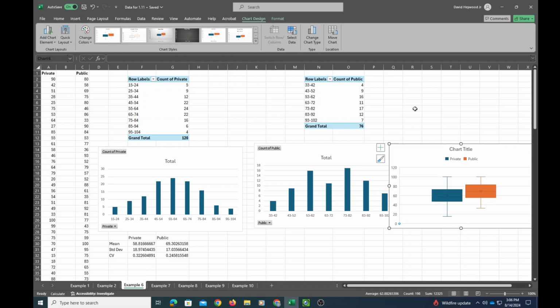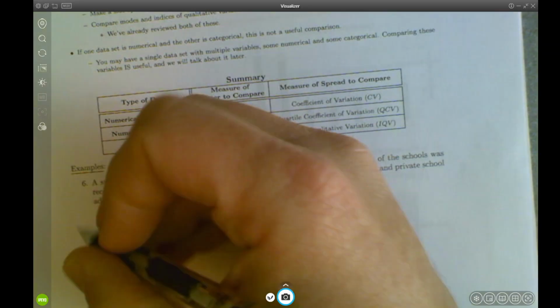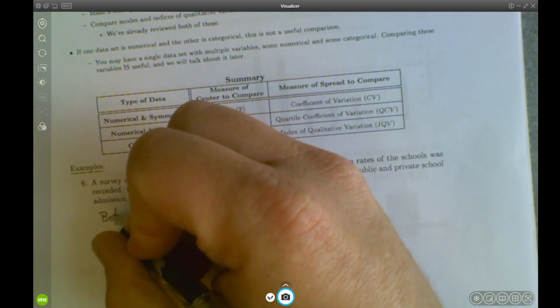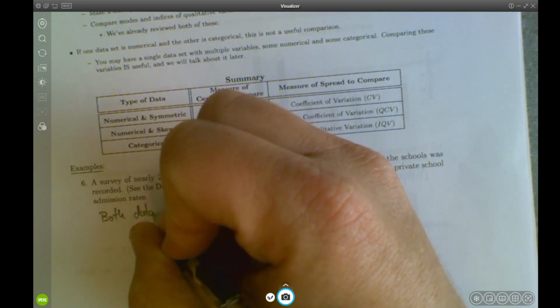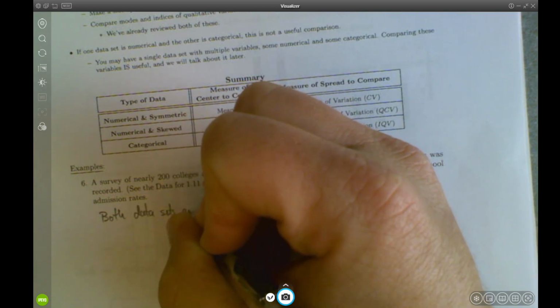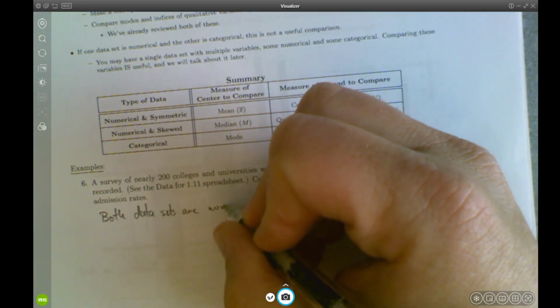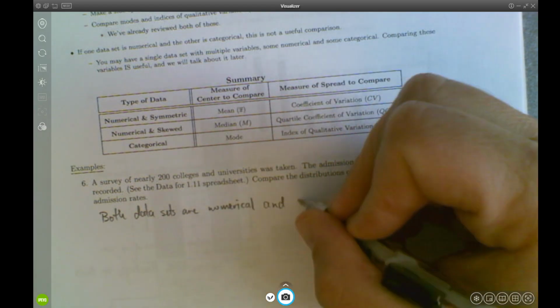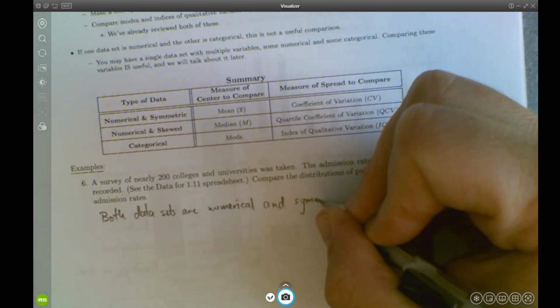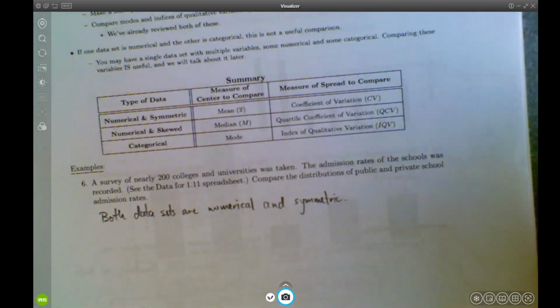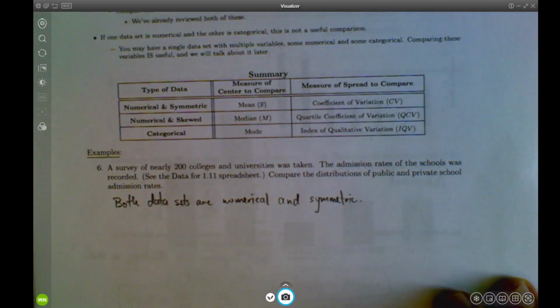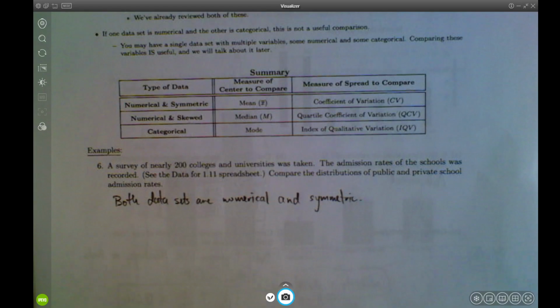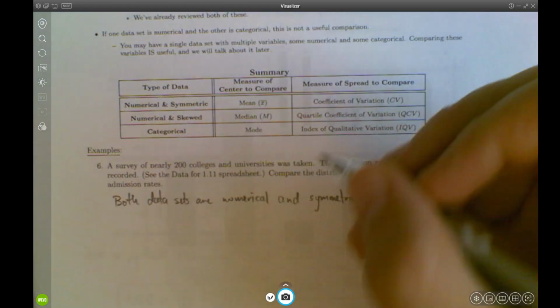So let me just make a note of this real quick. I'll say both data sets are numerical and symmetric. And therefore, the best measure of center to compare is the mean.